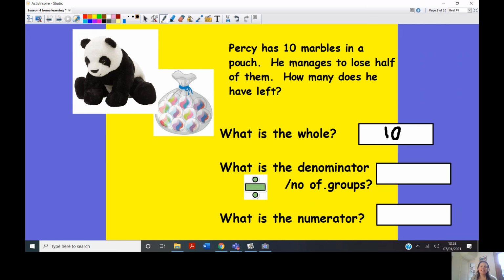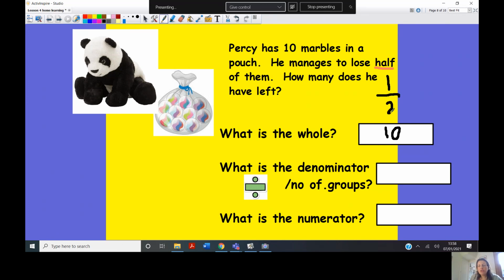What is the denominator that we're looking to find? The fraction that we're finding. So we're looking to find 1/2. 1/2, as we know, as a fraction is the same as 1 vinculum 2. 1/2 is half. So our whole is 10.